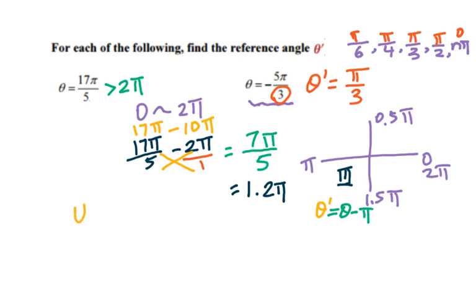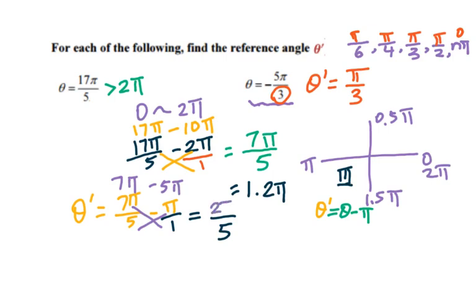Therefore, the reference angle equals 7 pi over 5 minus pi over 1. The denominator is 5. Then cross multiply: 7 pi minus 5 pi equals 2 pi. So 2 pi over 5 will be the reference angle.